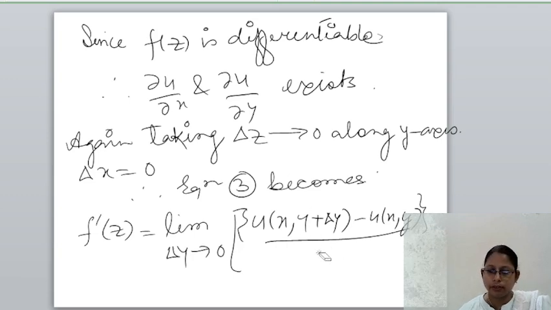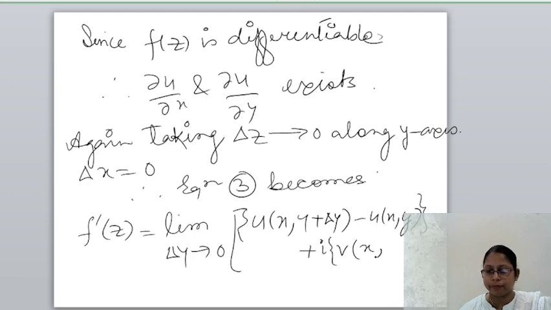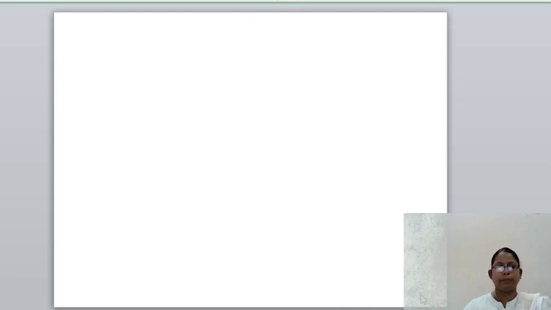Before writing this we have to write the numerator first, that is plus i v within bracket v(x, y plus delta y) minus v(x, y), bracket close, put the square bracket, then put i delta y. Then write separately u and v terms.